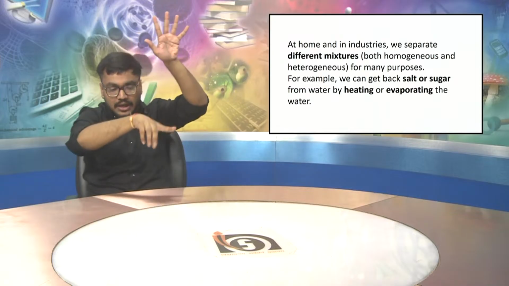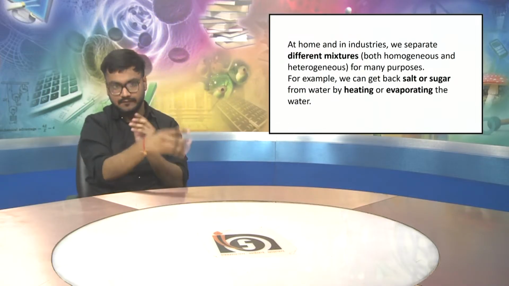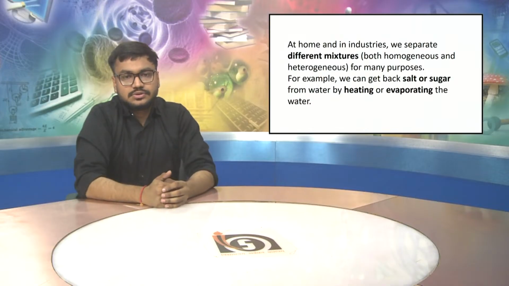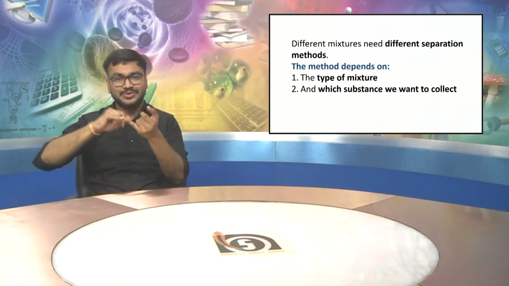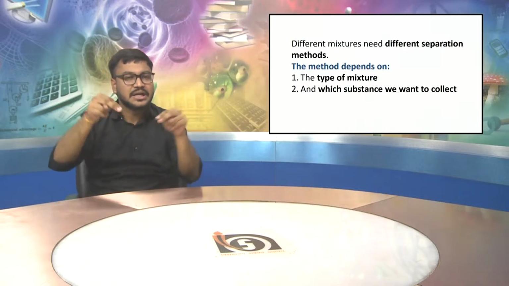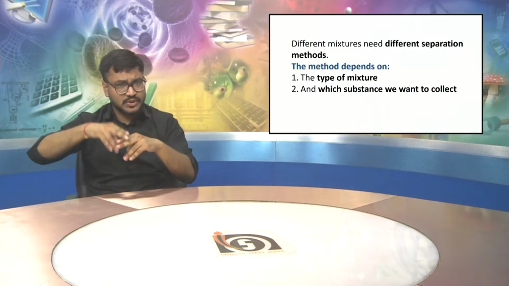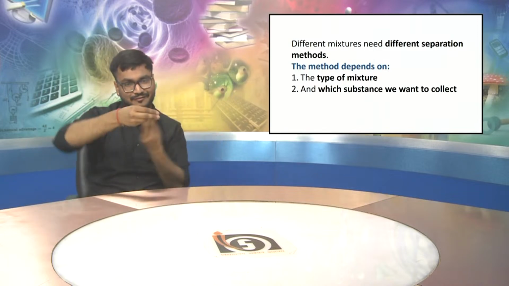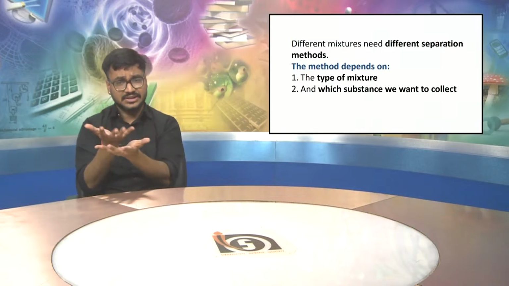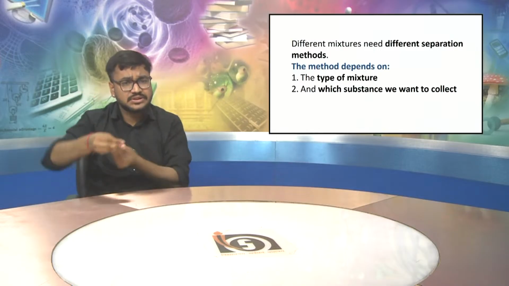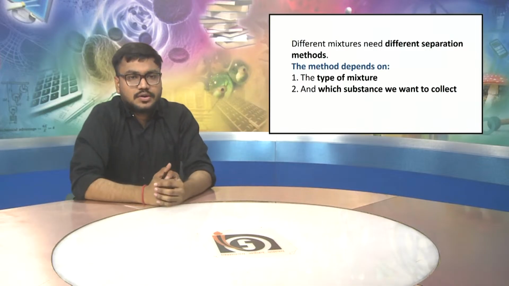After heating water, we can get salt or sugar. Different mixtures need different separation methods. The method depends on two things, first the type of mixture and which substance we want to collect.